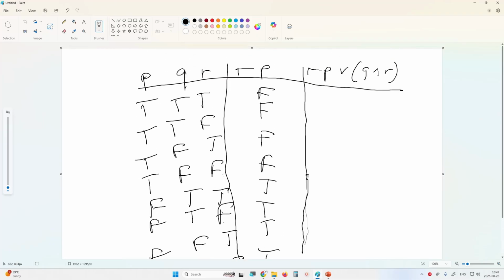So now when I'm going to do this with an and, an or, it's not going to be easy for me to do it this way. So the best way is actually to do it step by step.